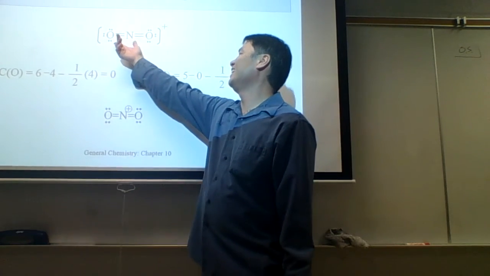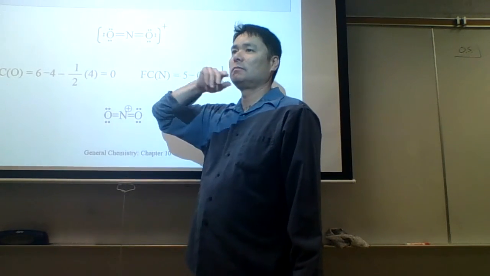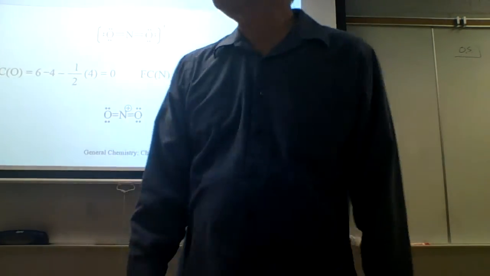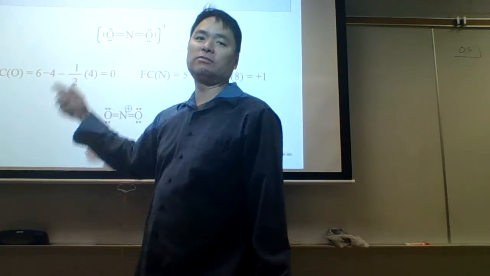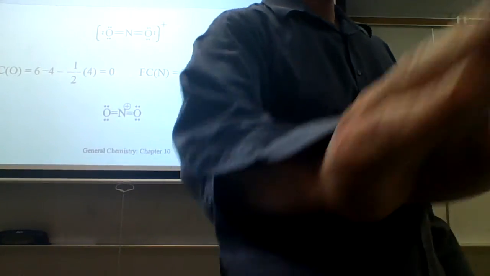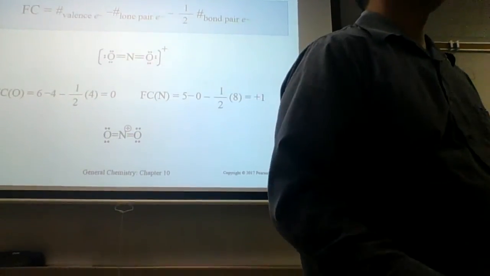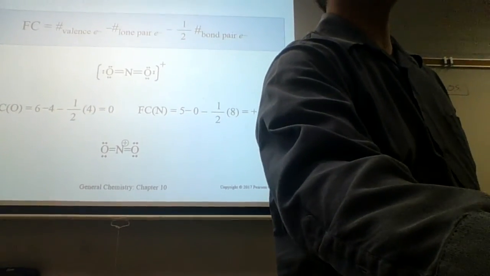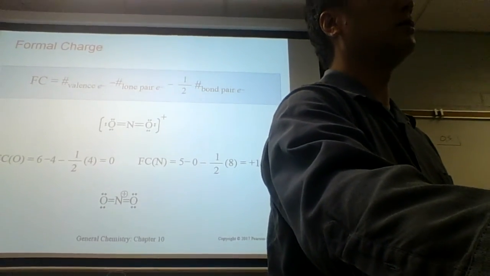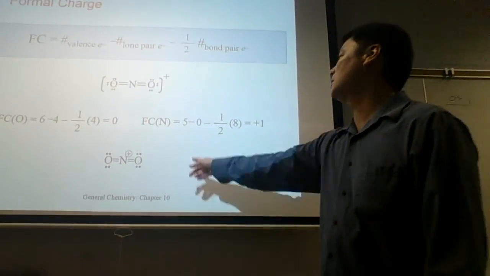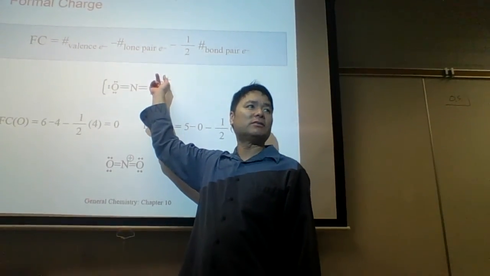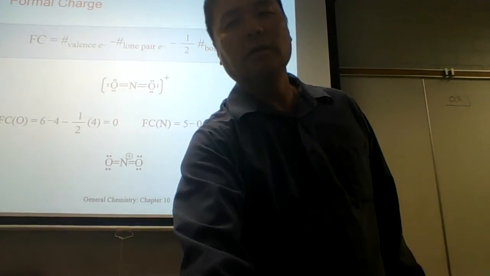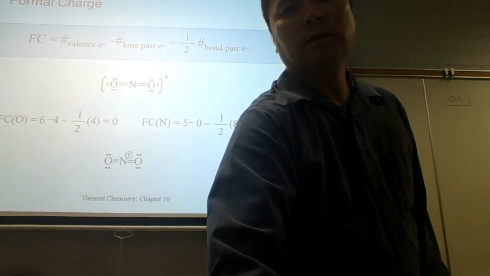How do you come up with -2? How do you come up with -2 there and a +5? How did this come out as +5? You've got to tell me in words. The apparent charge is not enough. The apparent charge, apparently to me, it looks like there's no charge on there. It looks like the apparent charge is +1. I see that. That's obvious. +1, right? And so that's not descriptive enough. You've got to tell me a little more.